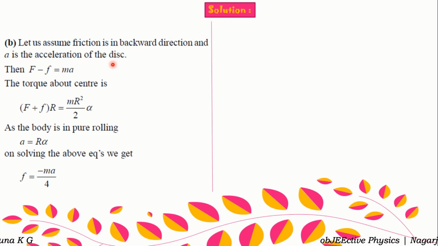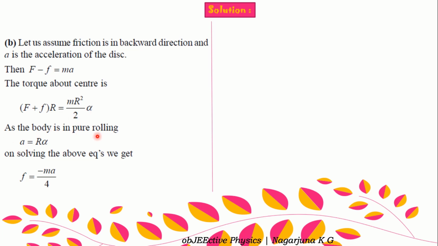Usually, when a force is applied in one direction, friction develops in the opposite direction. Therefore, net force F − f = ma. The torque about the center is (F + f)R = (MR²/2) α, that is Iα. I is MR²/2 for a solid cylinder.